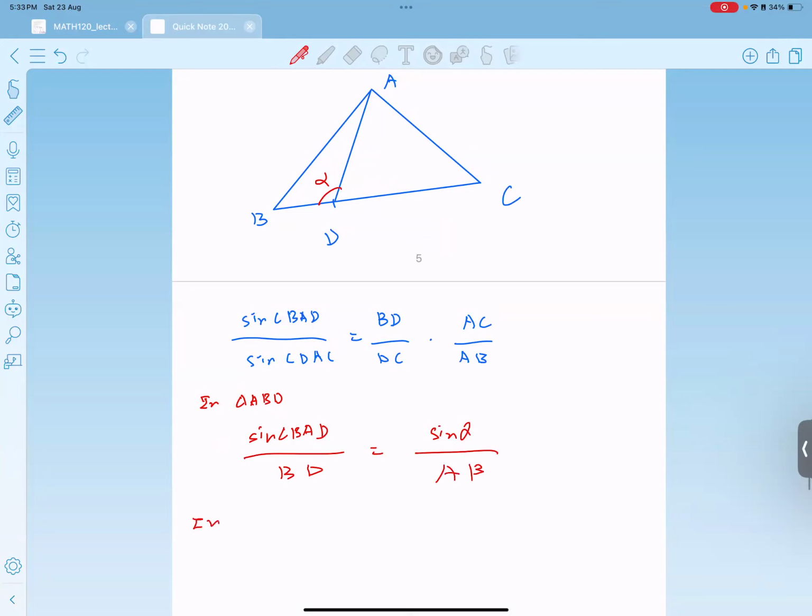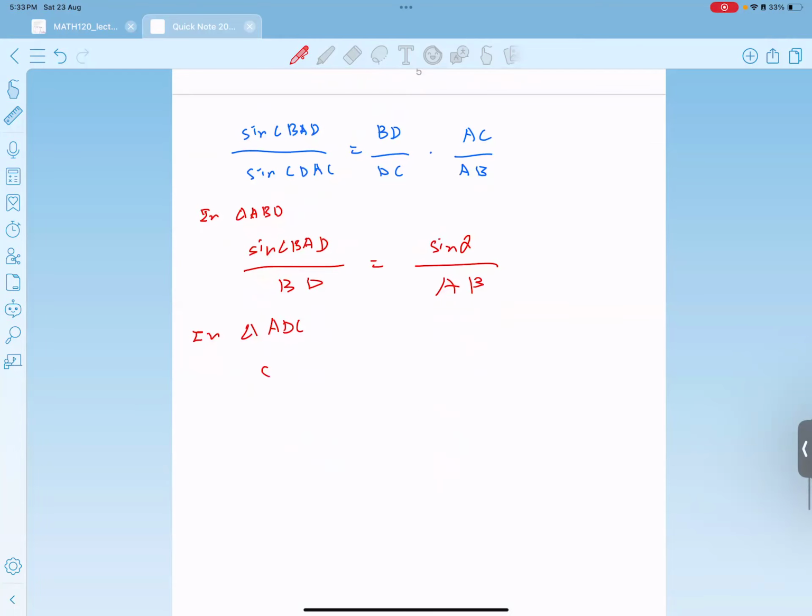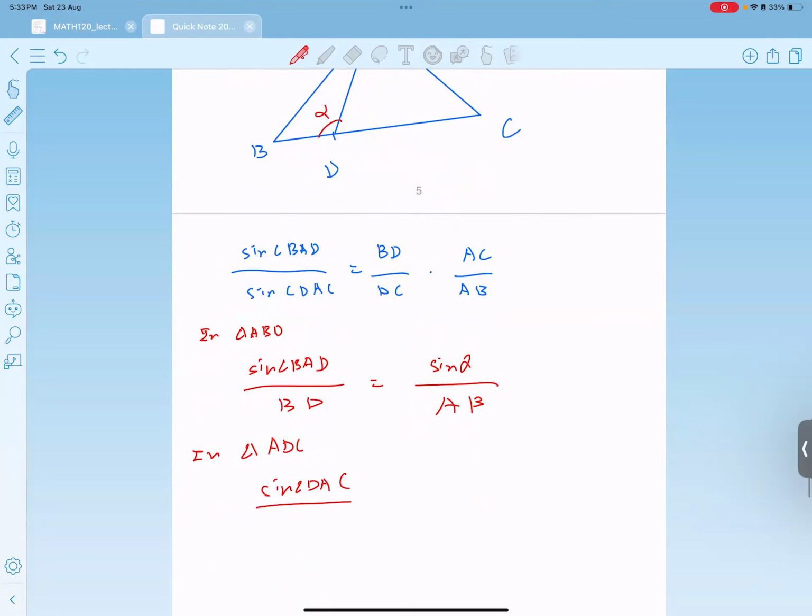And then in triangle ADC, that would be sine DAC over DC equals sine 180 minus alpha over AC.